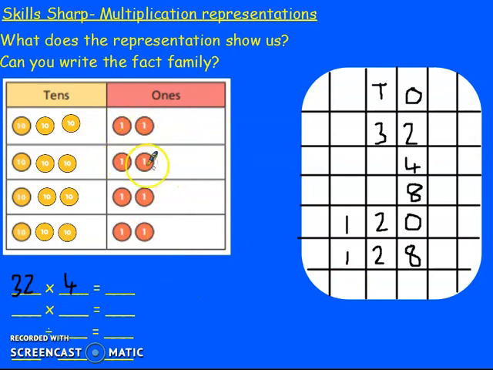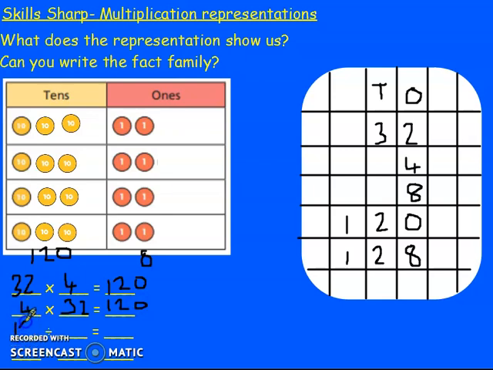So we've got 2, 4, 6, 8, 30, 60, 90, 120, and then add them together. We have the same amount. So the rest of the fact families with this would be 4 lots of 32 equals 128. And then the division facts.